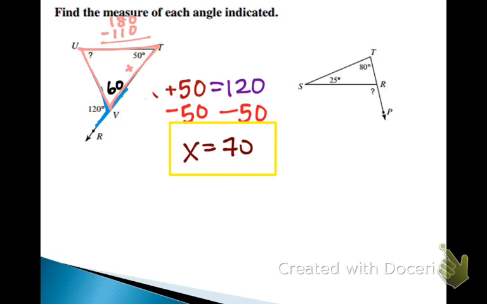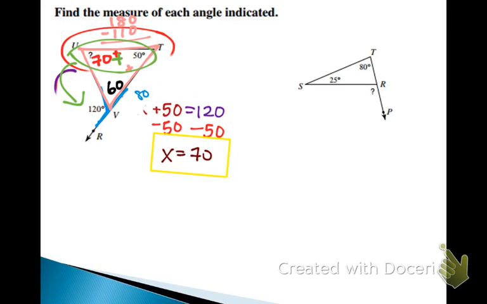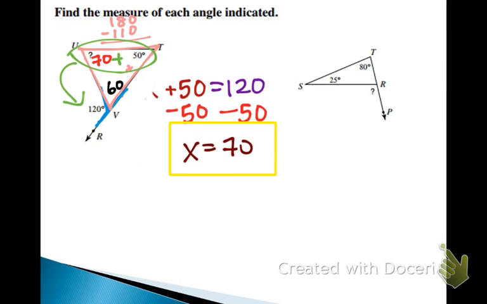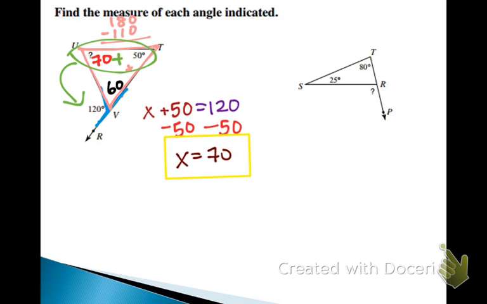What's 180 minus 110? It's 70. So this is why this property exists, that these two non-adjacent interior angles of a triangle will add up and equal that outer angle. Okay, you don't have to do it in the roundabout way that I did it, but I was just showing you why we do what we do.